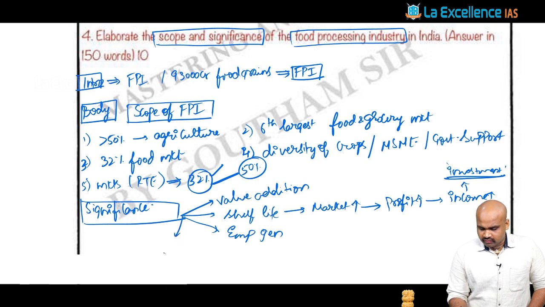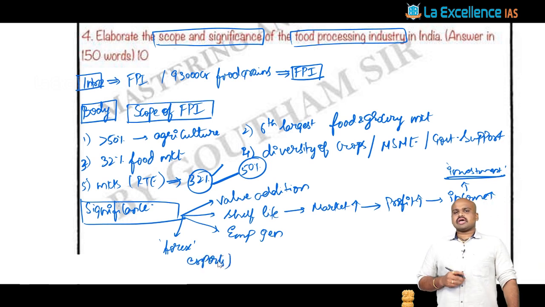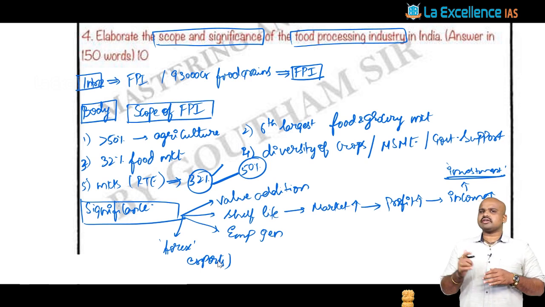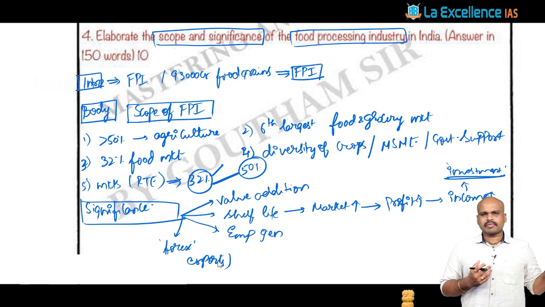Not only that, there is also forex, because agri exports can be enhanced. Indian agricultural exports are stagnant at 1.8% of global agricultural exports for the past decade.